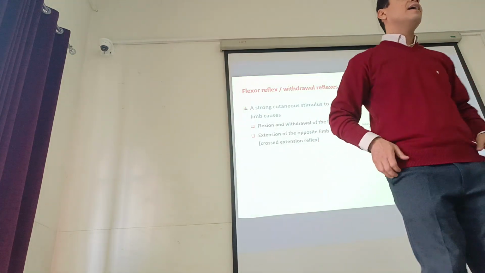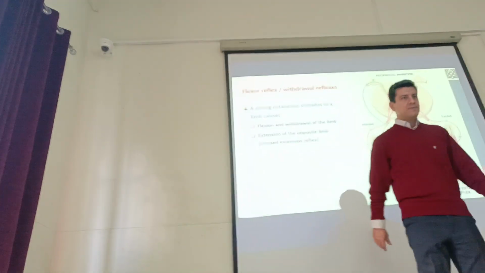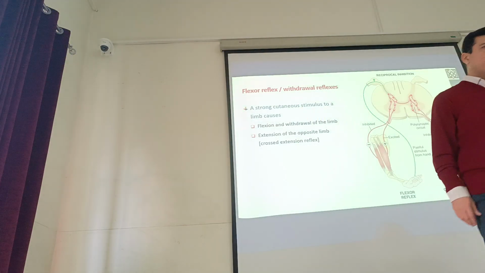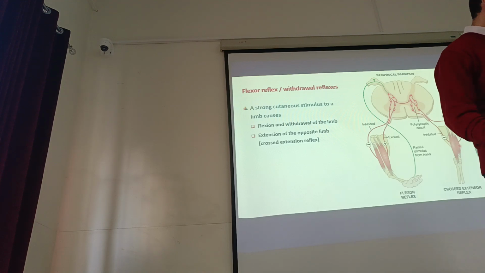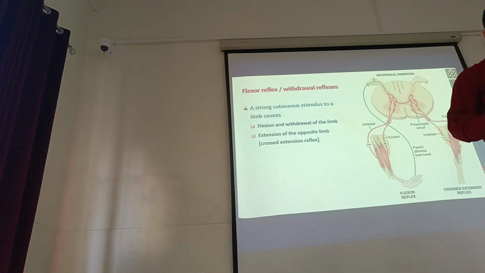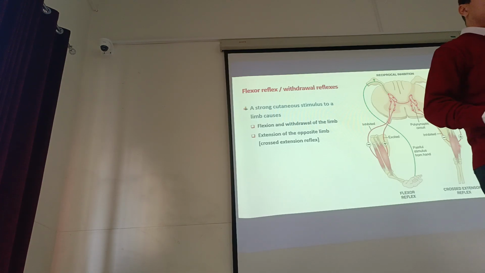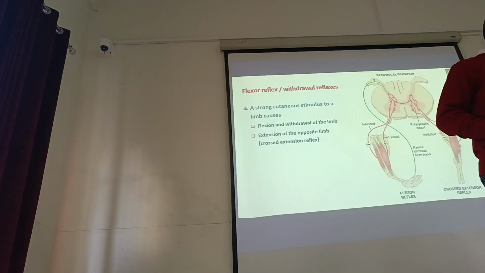So now imagine that we are moving, right? We are walking, and suddenly we hit our leg on an object. So we feel pain, right? And suddenly, very fast and immediately, we withdraw our leg, right? So we have flexion.